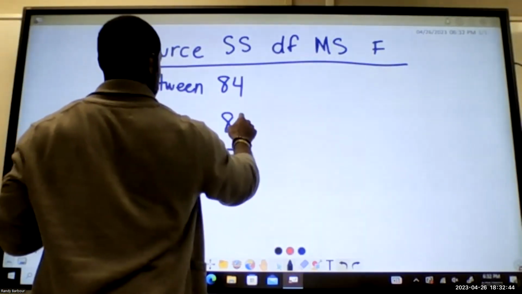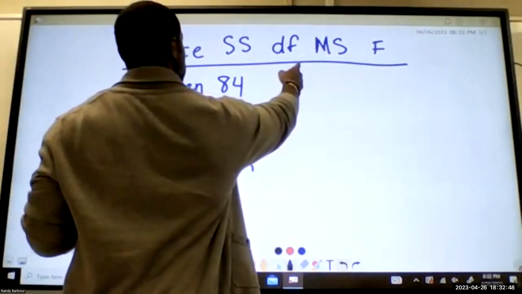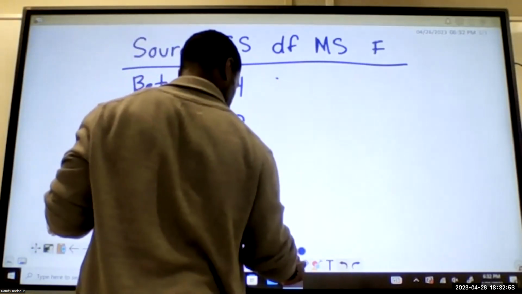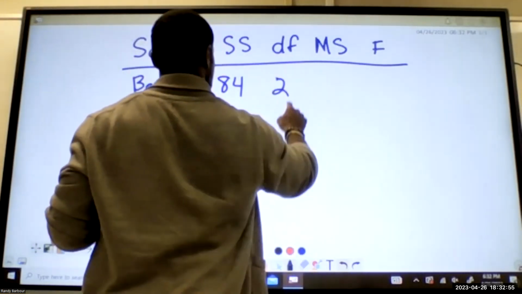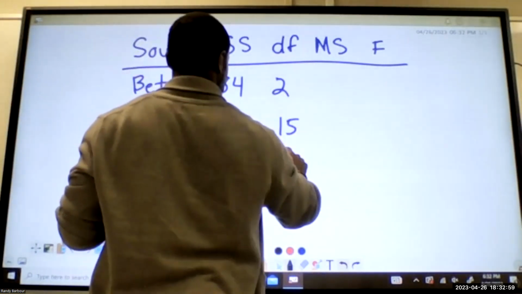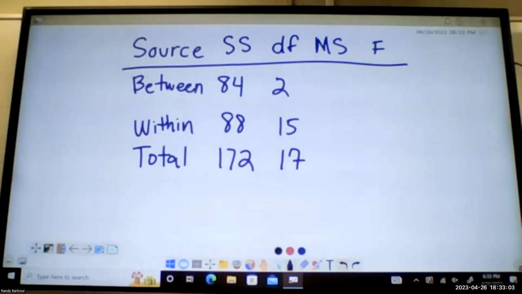Within group is 88. For degrees of freedom, if you remember, our between group had 2, then we had 15 for within, and we had 17 for total. So that's our degrees of freedom.